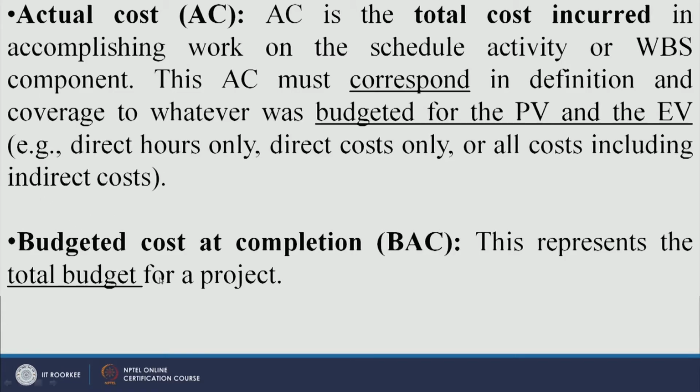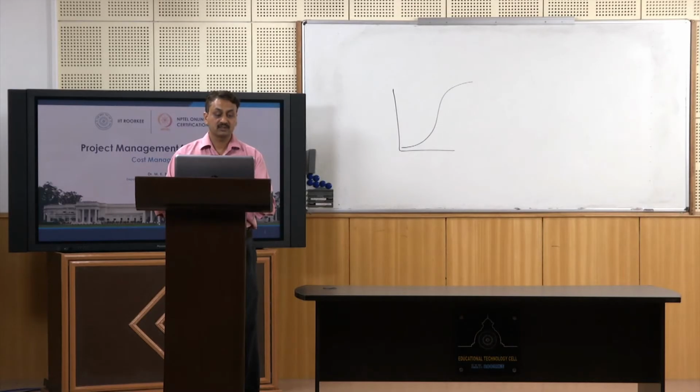There is something called budget at completion. This is nothing but the total budget of the project. The final point which I showed in the previous session on the cost baseline is nothing but the total budget, okay.